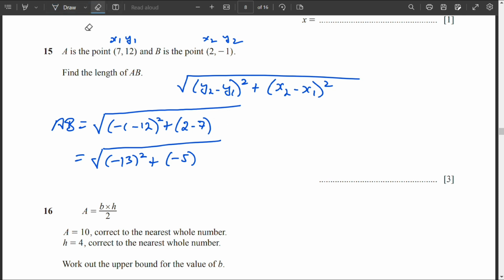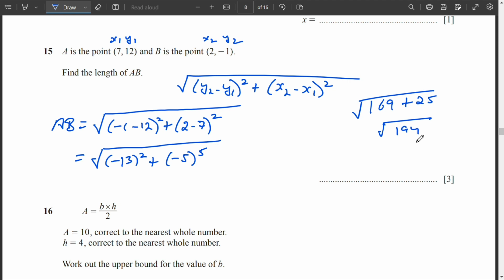I'm very sorry, this is square actually. So (-13) whole square will be positive only, which is 169, plus (-5) whole square is the same as 5 square, so that is 25. So 169 + 25 is the square root of 194.